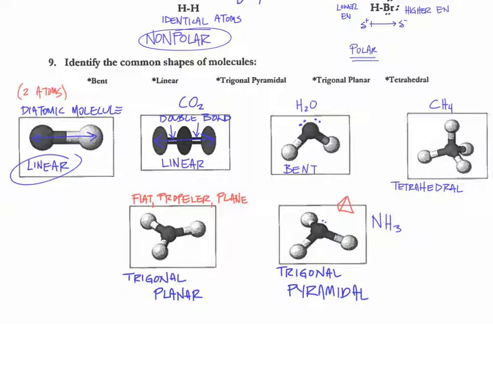So the four that we need to know: NH3, ammonia, trigonal pyramidal; CH4, methane, tetrahedral; H2O, bent; CO2, carbon dioxide, linear. Familiarize yourselves with the shapes of the molecules, the names of the molecules, and the common molecules like carbon dioxide, water, CH4, methane, and ammonia.